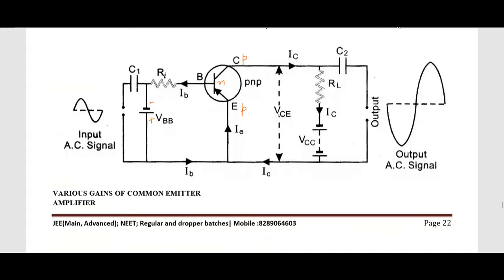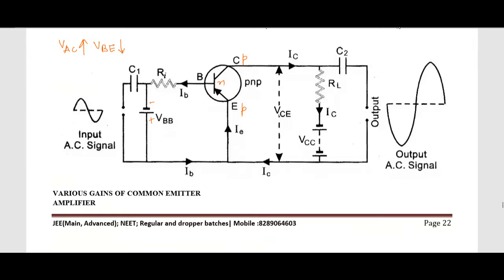If we proceed via the same logic, when input voltage rises, I will say VAC rises. When VAC rises, here we have got this negative. Forward bias decreases. VBE falls.